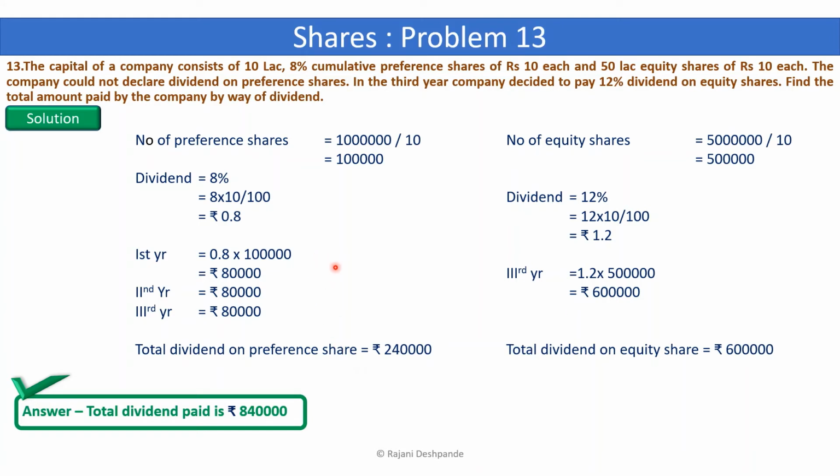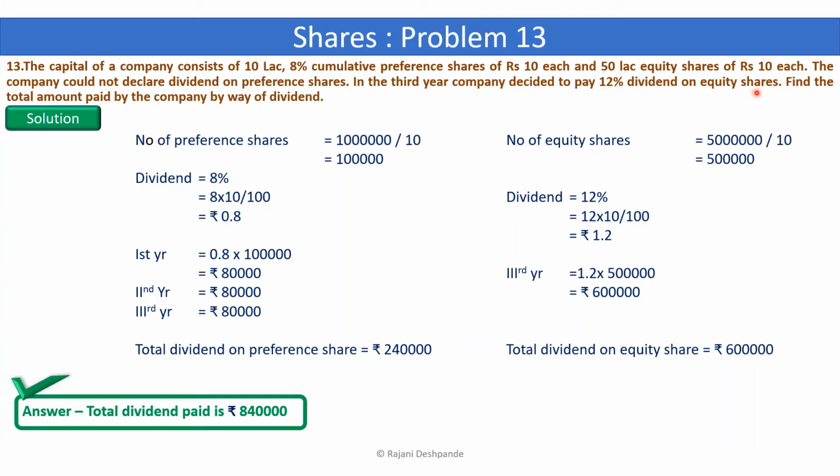So you have to understand here that the cumulative preference shareholders get a dividend for the previous years as well. So we have to consider all the 3 years, and that adds up to 2,40,000.